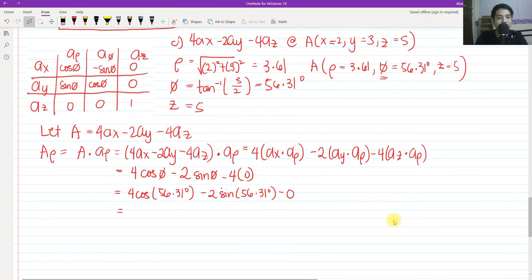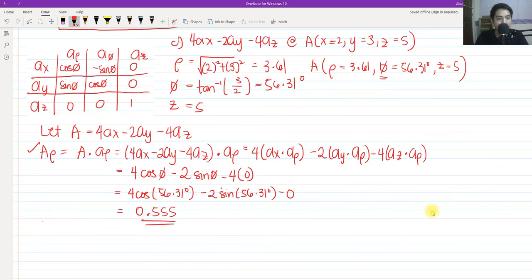So if we evaluate this, our answer would be 0.555. That's only the scalar quantity of the A sub rho.